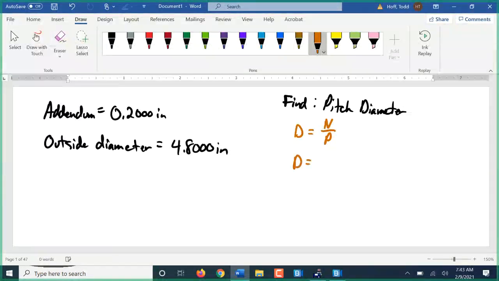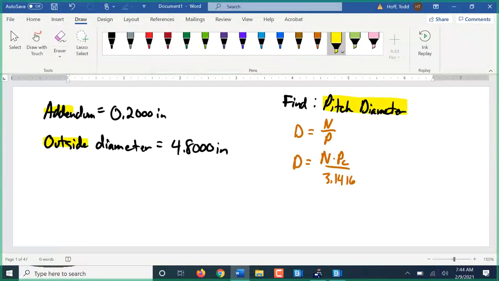The second formula for pitch diameter is the number of teeth times the circular pitch divided by pi, 3.1416. We don't have the circular pitch either, so neither of these formulas is going to help us find what we're looking for. Neither of the formulas listed for pitch diameter uses the information we were given, the addendum and the outside diameter.